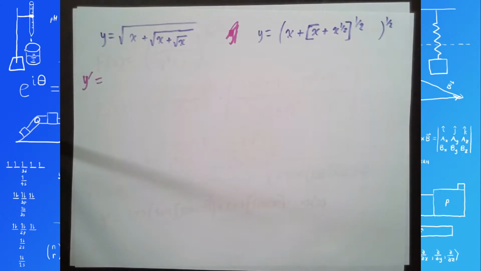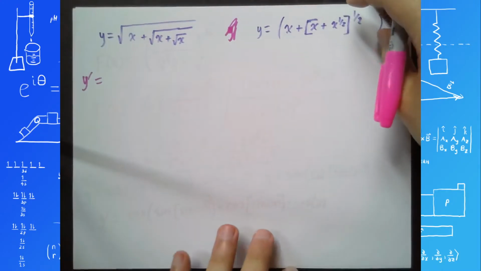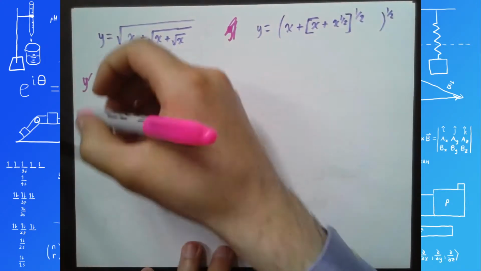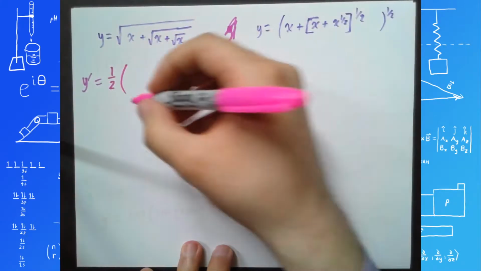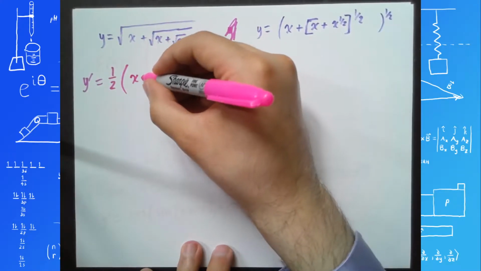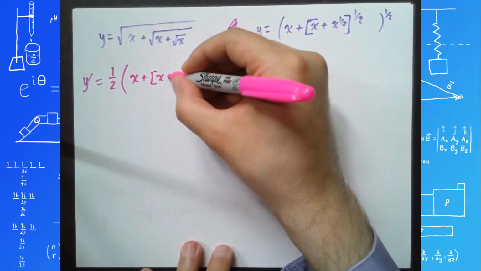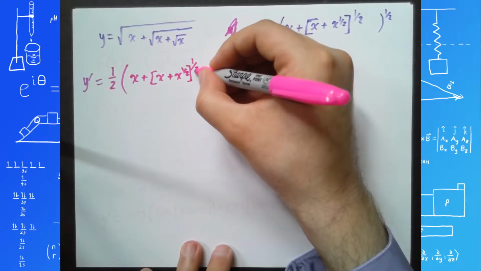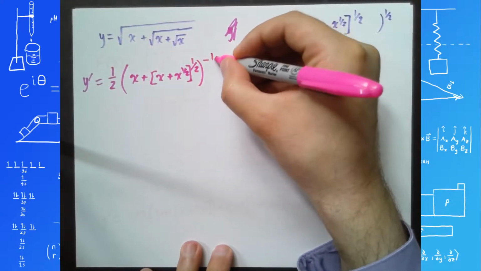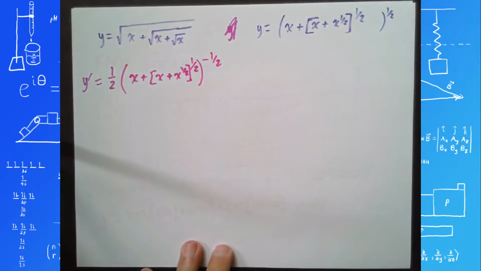So then y prime will be 1/2 all of that stuff to the negative 1/2, so x plus x to the 1/2 to the 1/2, to the negative 1/2, times the derivative of the next layer in.